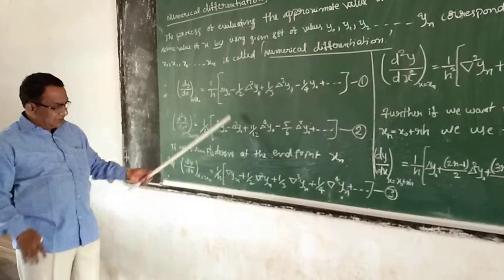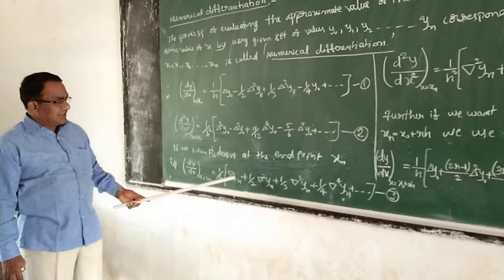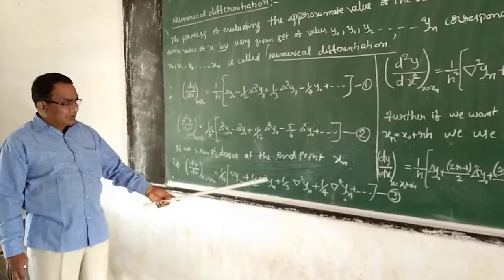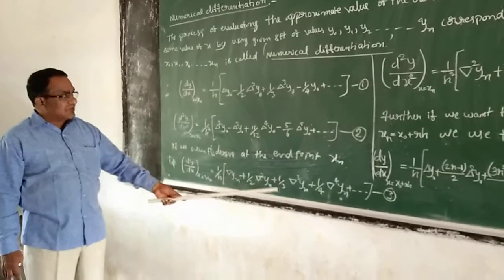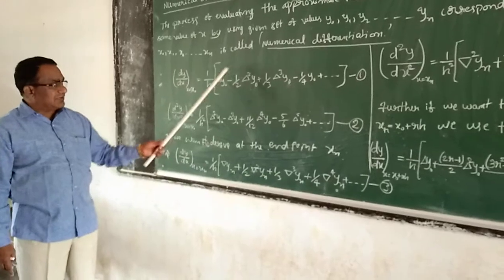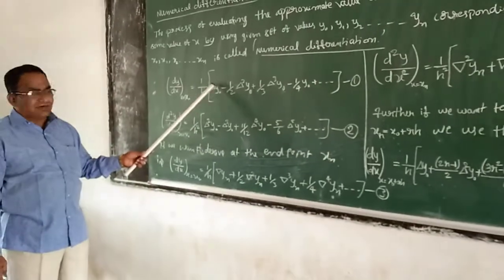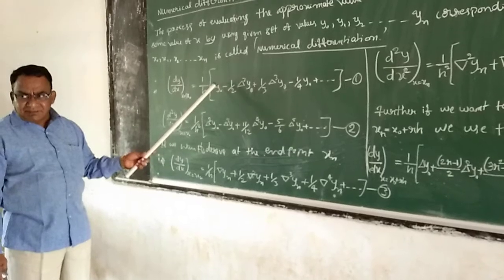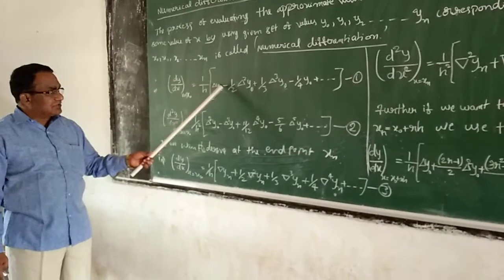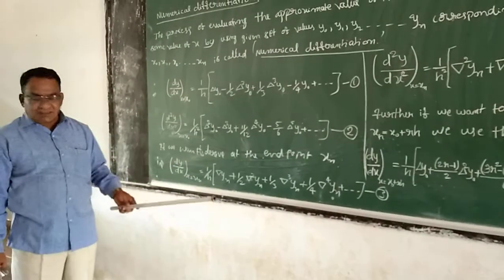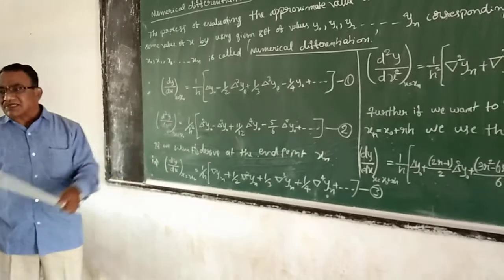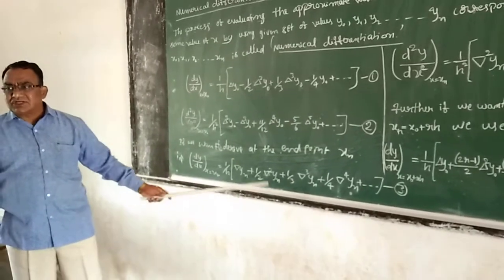And the next: yn and y0 are in the reverse order. Here we have yn, plus half into del squared yn plus 1 by 3 into del cube yn. Instead of y0 we have used yn here, and in the first formula we had alternating positive and negative signs, but here all the signs are positive. This you can note.